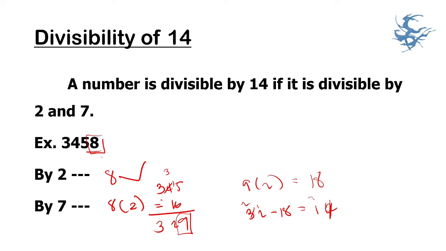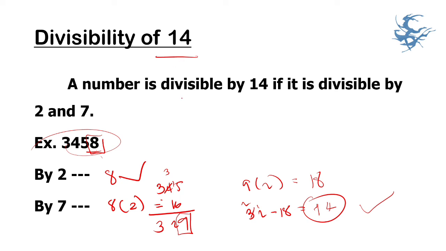Okay? Sorry, let me rewrite that clearer. 14. And 14 is a multiple of 7, right? It's just 7 times 2. So since it is divisible by 2 and also divisible by 7, hence the whole number is divisible by 14.